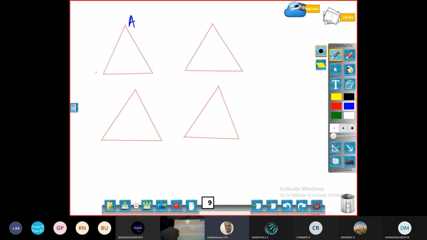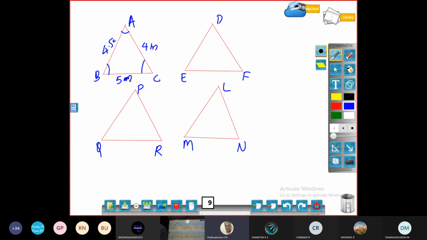We can call this A, B, C, P, Q, R. We can call this D, E, F, and L, M, N. Now the measurements I will give you. ABC has line segments of 4.5 centimeter, 4 centimeter, and 5 centimeter.